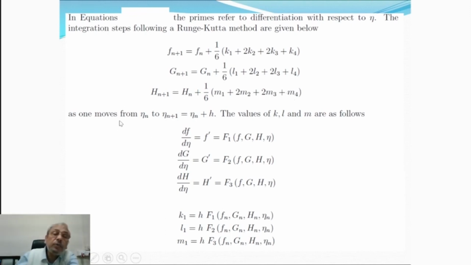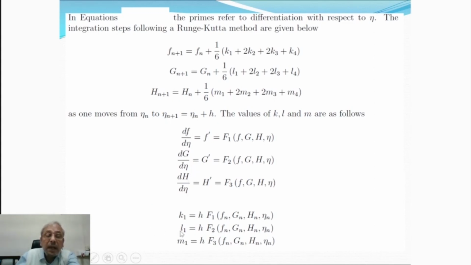So if one moves from eta n to eta n plus 1 through a small increment, that means eta n plus h, where h is the interval, maybe 0.01, some such interval, then the values of k, l and m will be known, and then we can find out basically df d eta, dg d eta, dh d eta.